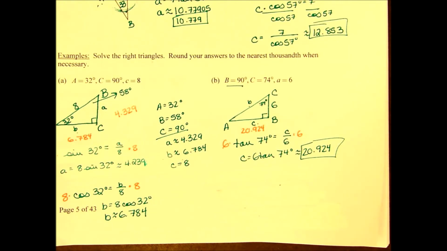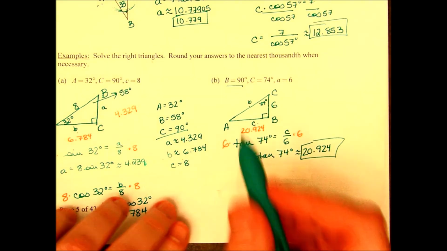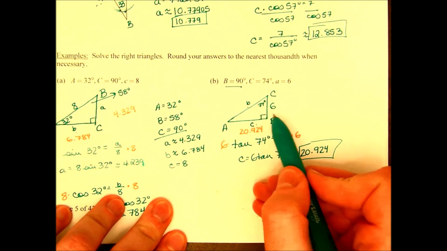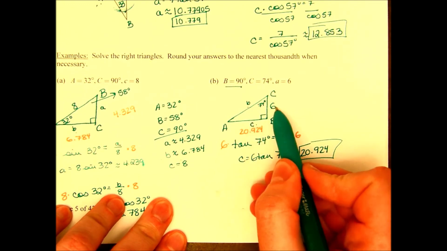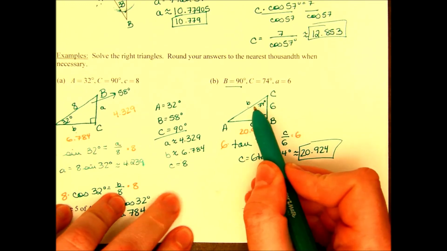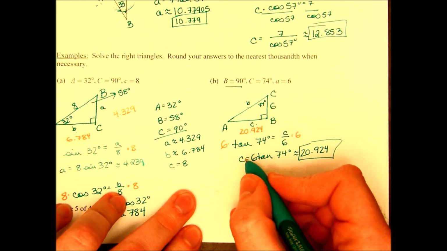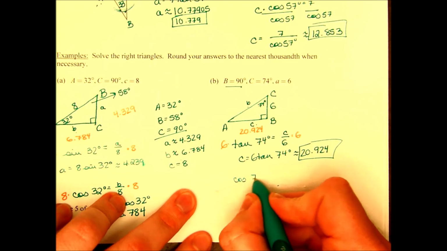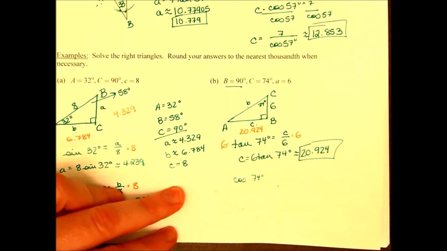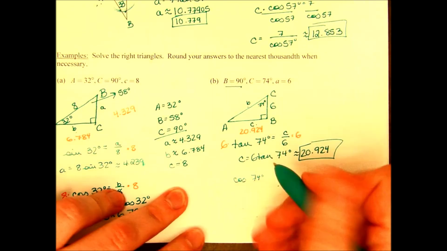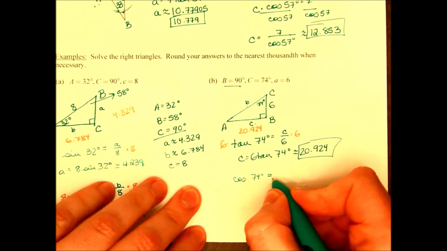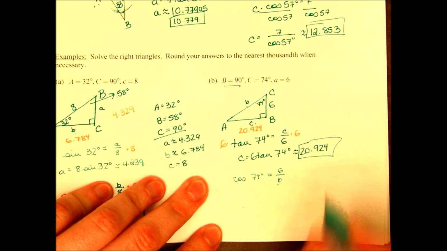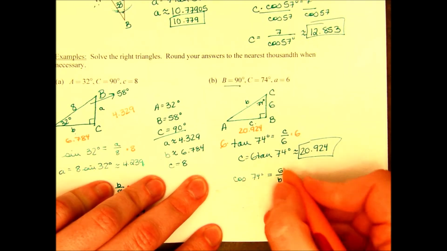So now we just need to find letter B. Well, if I'm going to use 74, 6, and B, 6 is my adjacent, B is my hypotenuse, so that sounds like cosine to me. And I can say that the cosine of 74 degrees equals my adjacent, 6, over my hypotenuse, B. This is one where I'm going to have to go through a little bit of algebra.